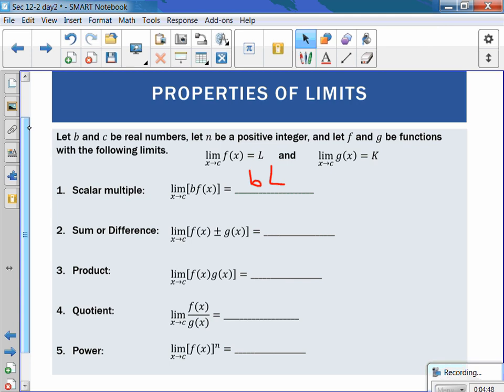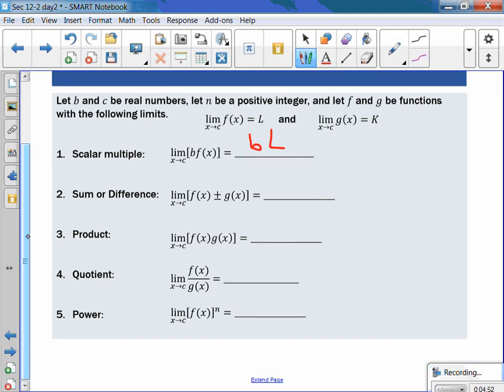What about the next one? Here I'm doing the sum or difference. The limit of f of x plus g of x as x approaches c. Absolutely. It's the exact same thing as the limit of f of x plus the limit of g of x. So it's just L plus or minus k. What about the product?